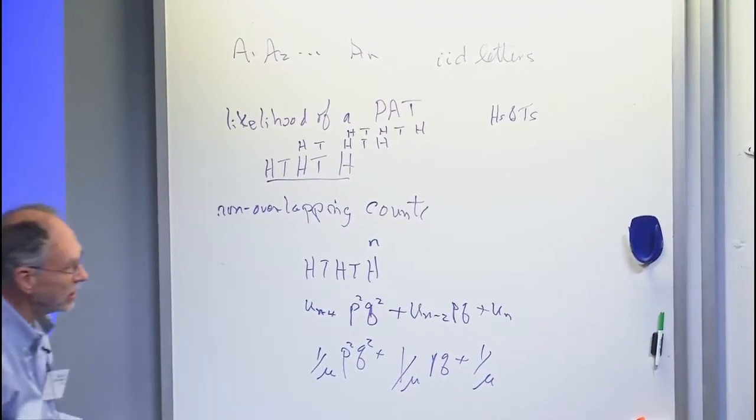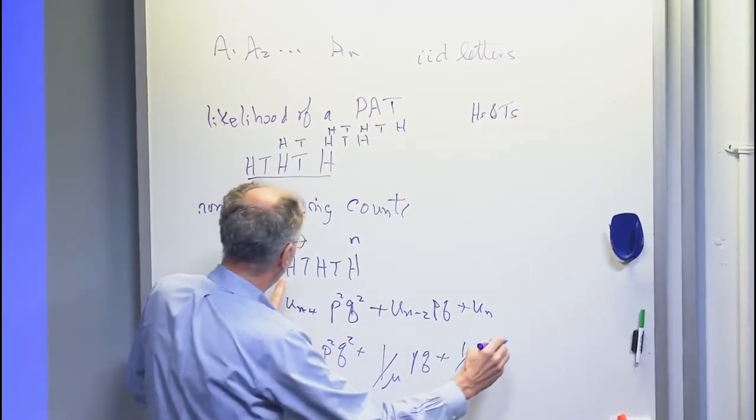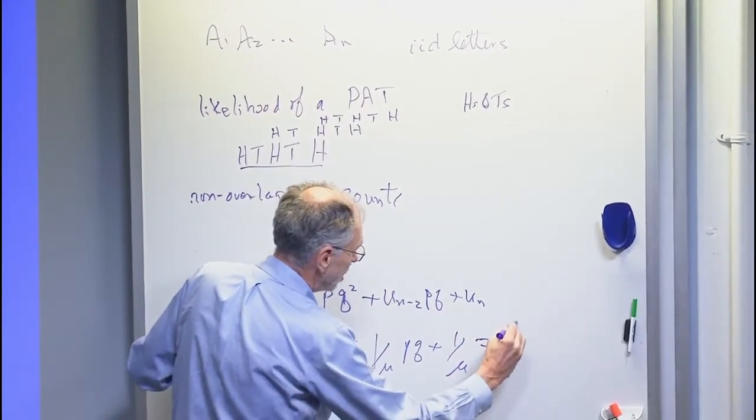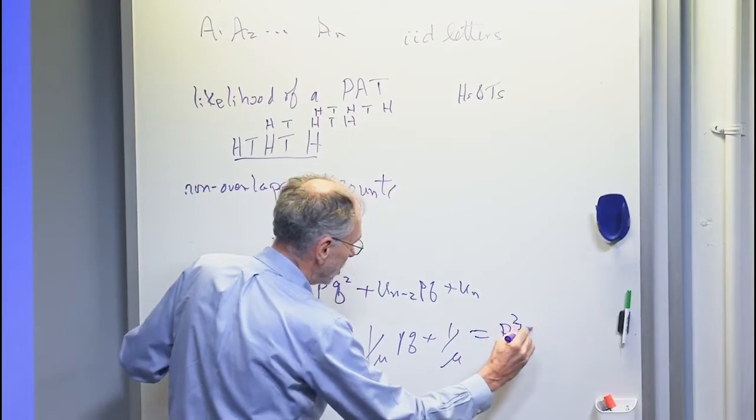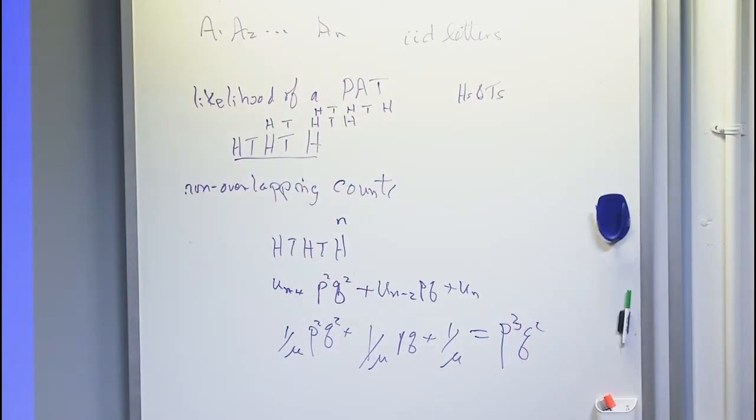So why was I doing this? I was doing this because this pattern occurs with probability P cubed Q squared. That's an equation any of us can solve, and you see it's got in it the overlap information.